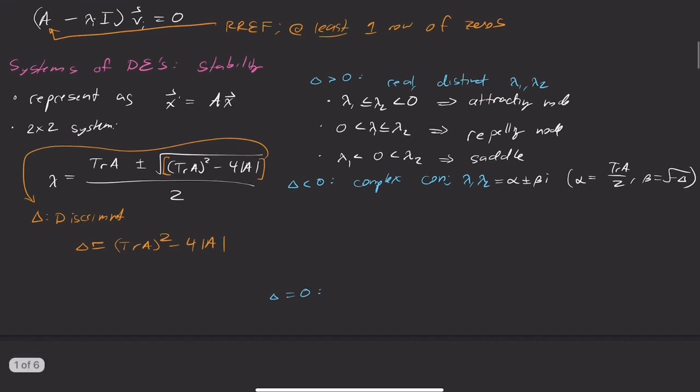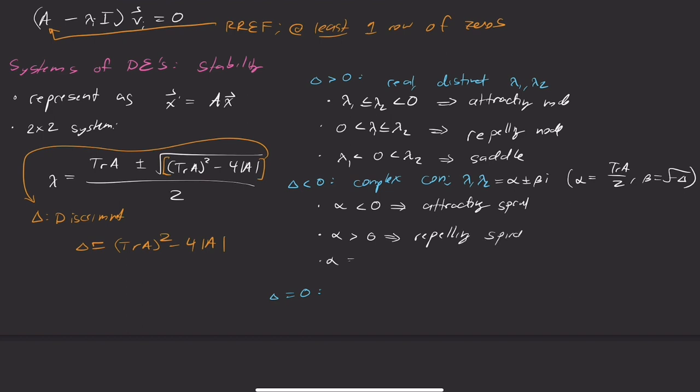If I have my complex conjugate roots, the behavior of the system is determined by my value of alpha. If alpha, the real part of my root, is less than 0, I'll have an attracting spiral. If my alpha is positive, then I'll have a repelling spiral.